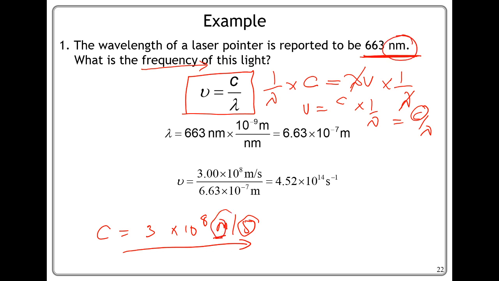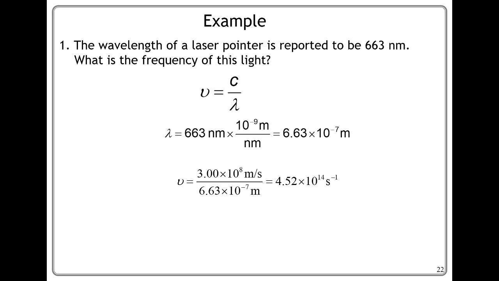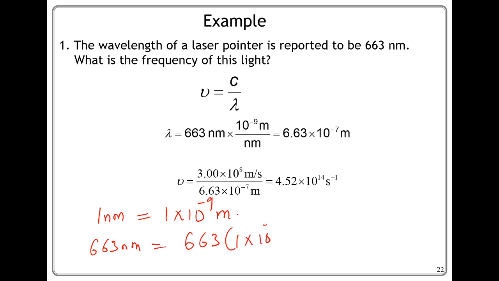The relationship is that 1 nanometer equals 1 times 10 to the power minus 9 meters. So 663 nanometers equals 663 times 1 times 10 to the power minus 9 meters, which is 6.63 times 10 to the power minus 7 meters. So you substitute into the equation.